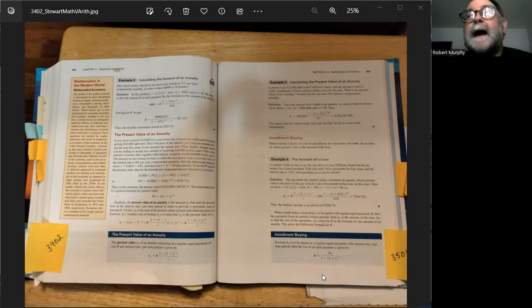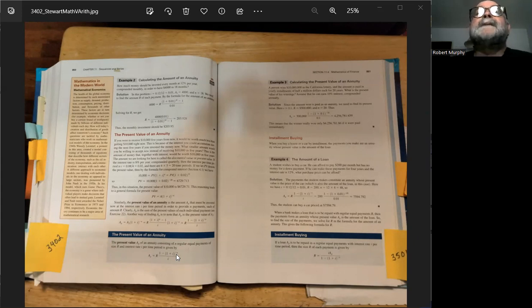It's the 10th chapter dealing with annuities. And way down there, the present value of an annuity, A of P equals R times, and if you want to zoom in, you can stop the video and zoom in. I stole this stuff. Other people figured it out. I'm just going to use it.